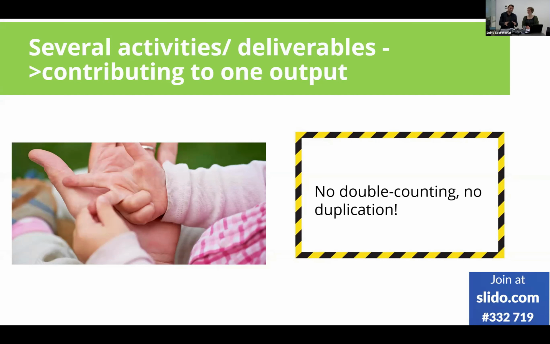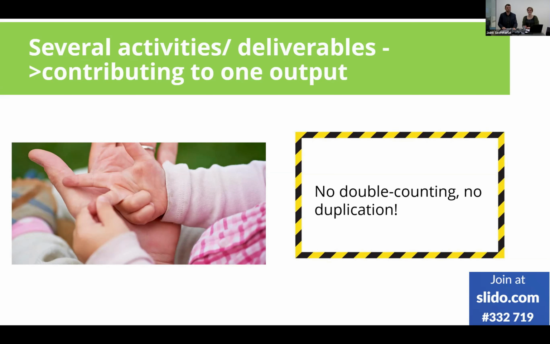So if in one work package you are targeting 3 pilot actions, for example, you don't count them again, because then it will count the very same pilot actions twice. So please be careful not to double count. Don't do any duplication in your indicators. That's really important, because otherwise you have applied the indicators in a wrong way.